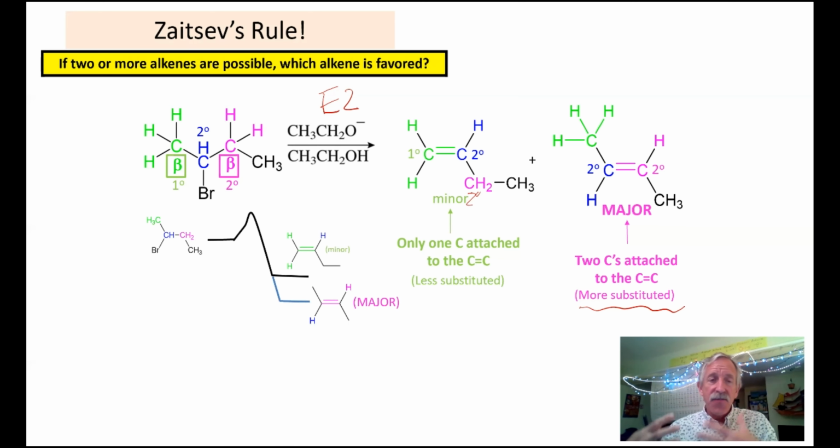The reason for this is that the more substituted your alkene is, the lower it is in energy. This looks like an energy diagram here where we start with reactants and activation energies. More substituted alkenes are more stable, so they will stick around longer. And even though this is in equilibrium, the less substituted one, which is higher in energy, will go back to the reactants.